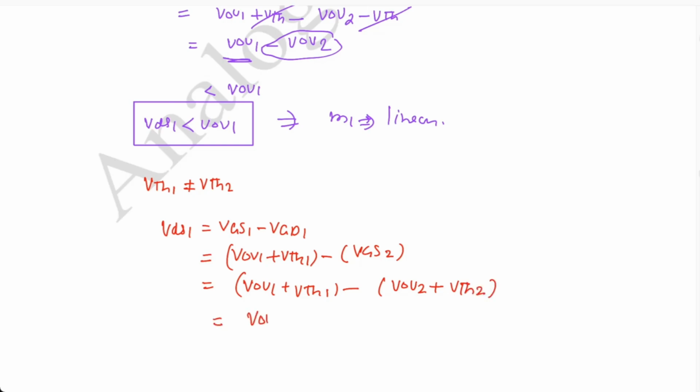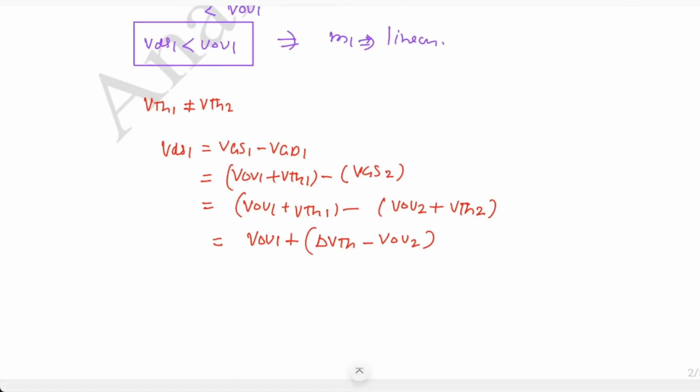Suppose I say VTH1 minus VTH2 is delta VTH. So this will be Vov1 plus delta VTH minus Vov2.